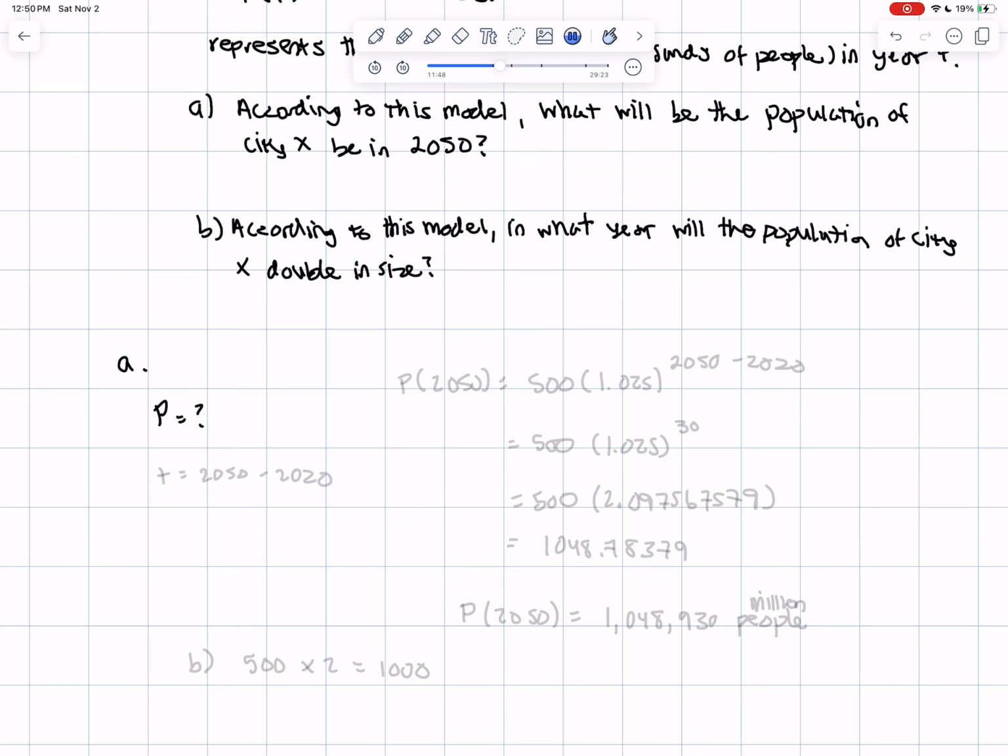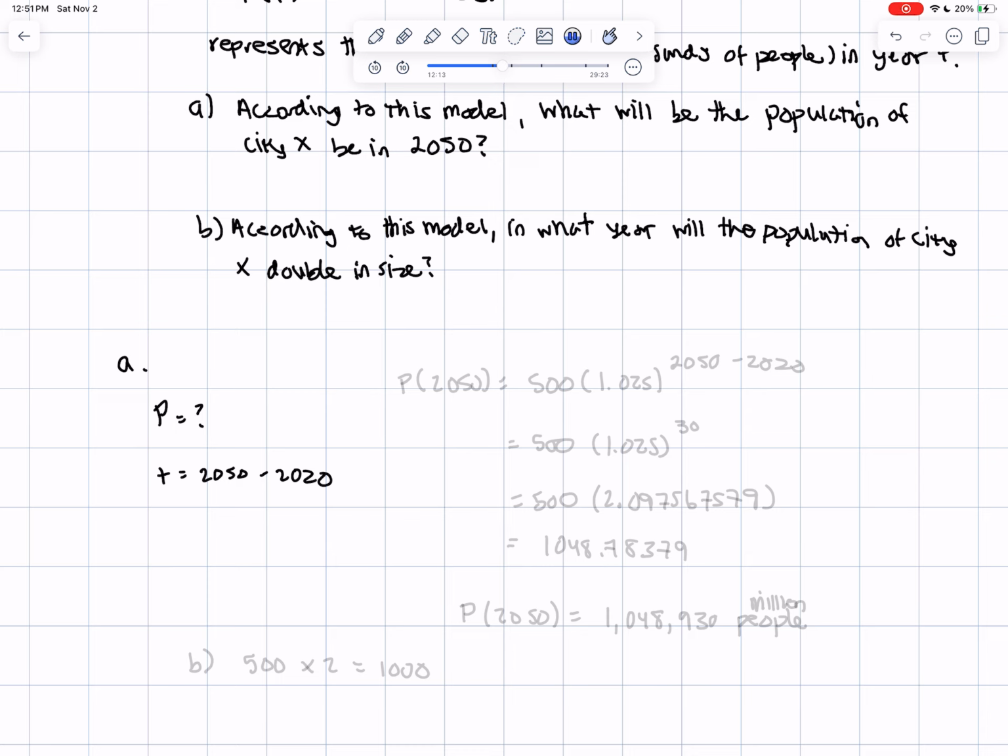They give us a date, 2020, and we also have another time that's given in the actual second question, which is 2050. So that means our time will be 2050 minus 2020.